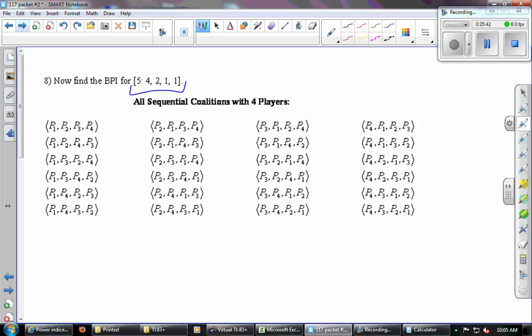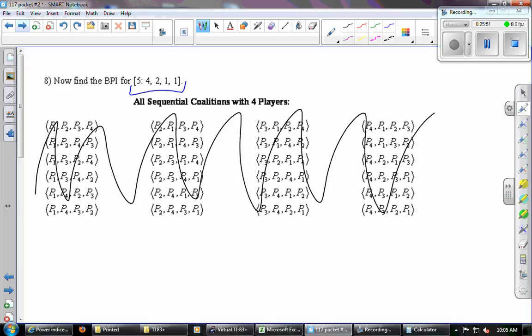But this table right here has nothing to do with this problem. So we need to get rid of this table. So cross it off. BPI has nothing to do with that table. What BPI has to do with is listing the players. So I'll name them again, P1 up to P4.